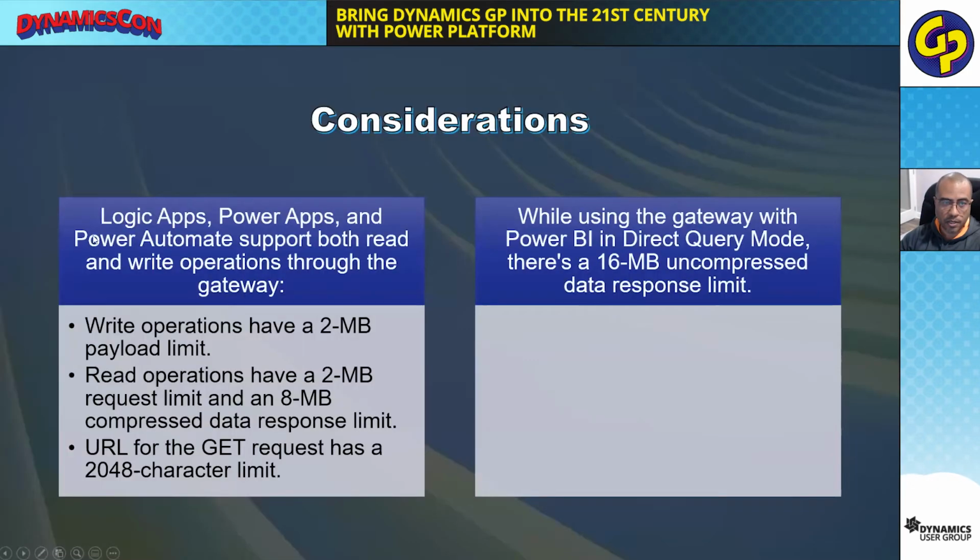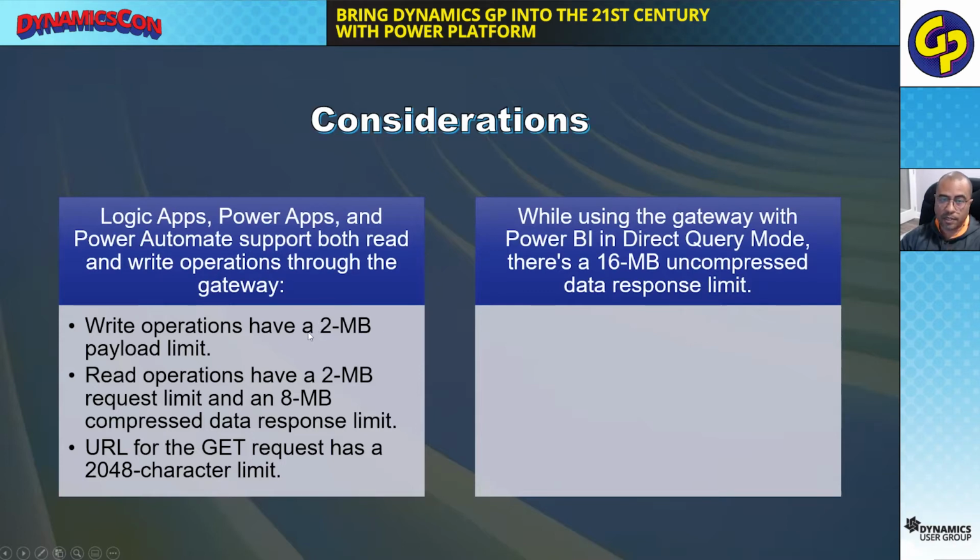As far as considerations go, keep in mind that Logic Apps, Power Apps, and Power Automate all support read and write operations through the gateway. Those operations have a 2 megabyte payload limit.